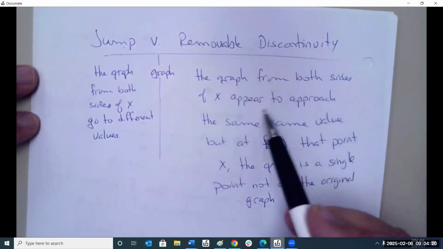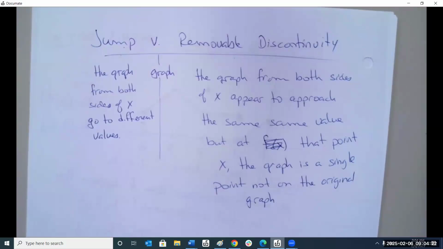The graph from both sides seems to be approaching the same value, except at that value, it just jumps somewhere else for that one instant, and then it continues the same.